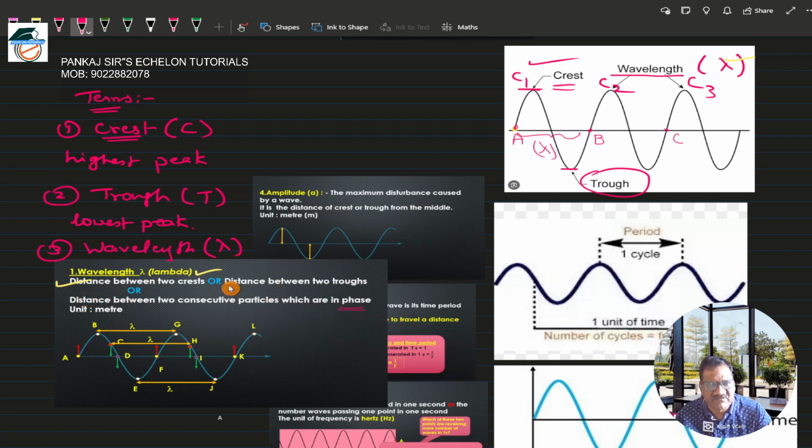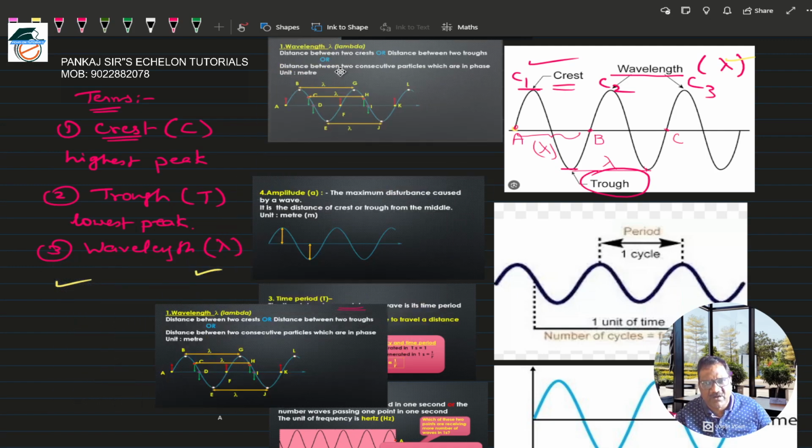This definition will be enough: the distance between two crests or between two troughs. Whether it is two crests or two troughs, it is the same distance. So the distance between two consecutive crests or two consecutive troughs is known as the wavelength of a wave. I think the wavelength part is done.